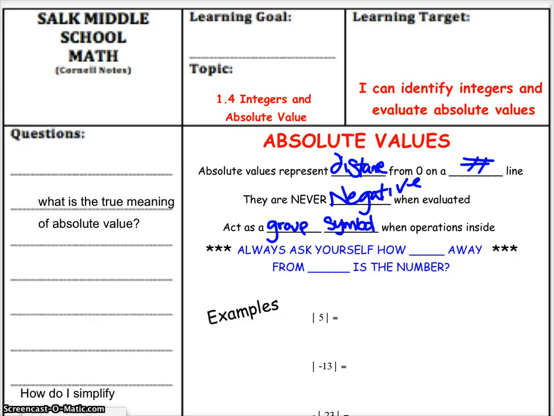Last thing I'm going to say before I take a mini break, you always ask yourself when I give you an absolute value, how far away from 0 is the number? Okay, again, you're always going to ask yourself when you're dealing with absolute value, how far from 0?